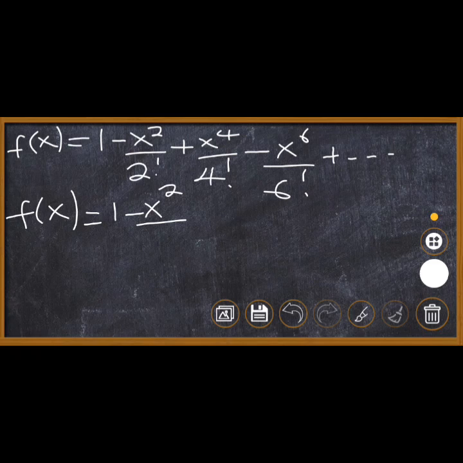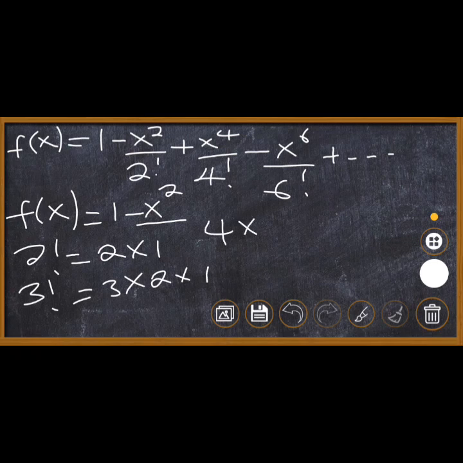Where we have 2 factorial, this is the same as 2 multiplied by 1. Where we have third factorial, it's the same as 3 multiplied by 2 multiplied by 1. Where you have fourth factorial, it's the same as 4 multiplied by 3 multiplied by 2 multiplied by 1. So make sure you take note of that pattern. When we say 2 factorial gives 2, it means when you multiply 2 by 1, we are going to have what?